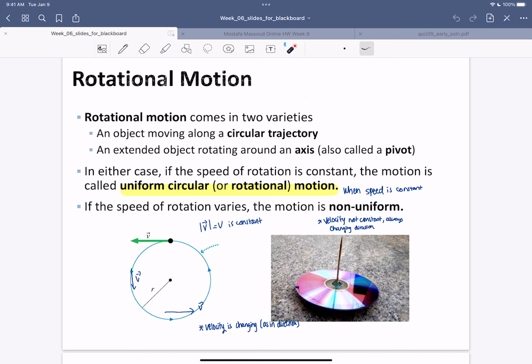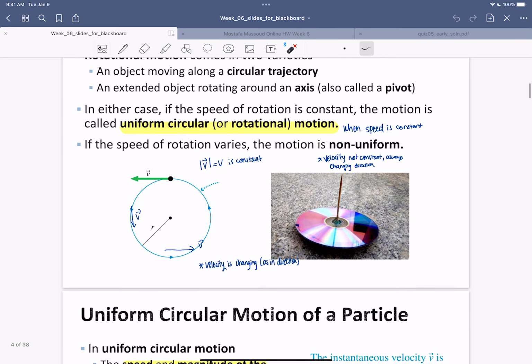Basically, you either have a circular trajectory, or an object spinning or pivoting around a specific axis.